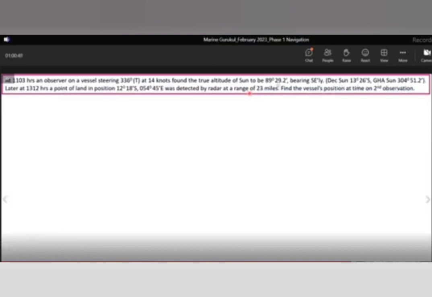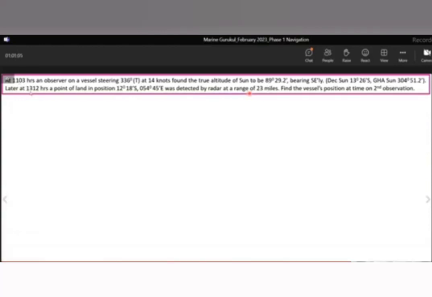Radius is the true zenith distance. Now the second observation, it is also a position circle. We have a point of land and we have a radar range. So both are position circles, different times. We have to transfer them to the same time and get the fix. Right, beta? Yes, sir. Great.